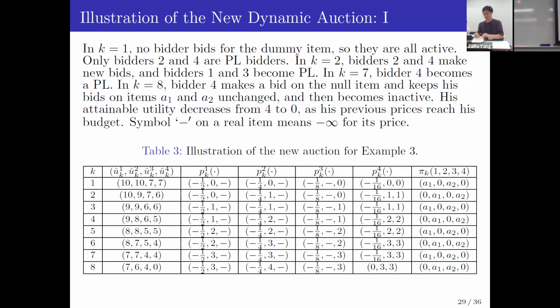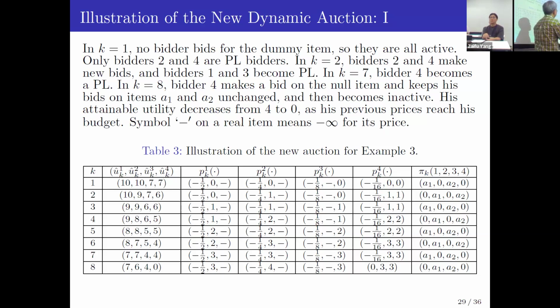He offered the price of 0 for atom 1, and he does not bid on atom 2. Okay, the same for bidder 2. He is active, and he bids on atom 1, and does not bid on atom 2.